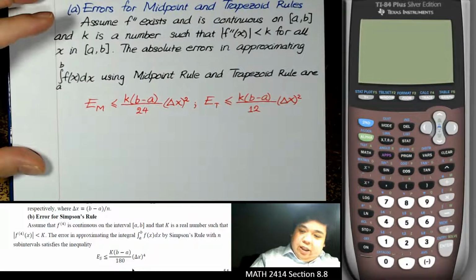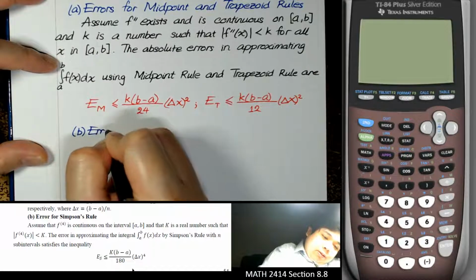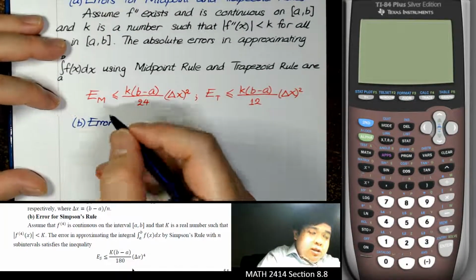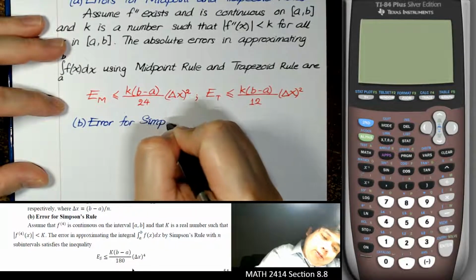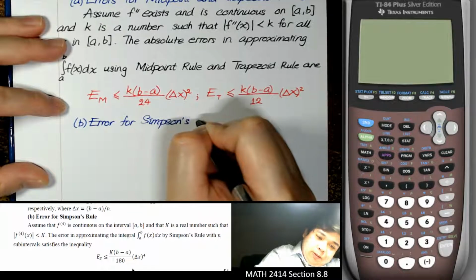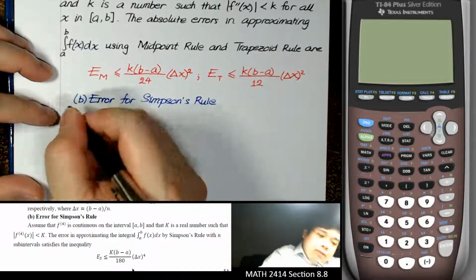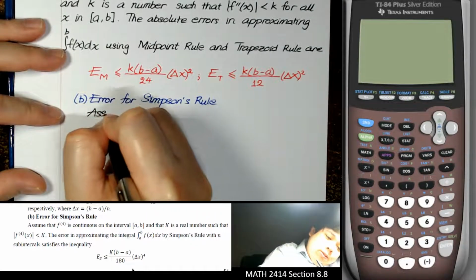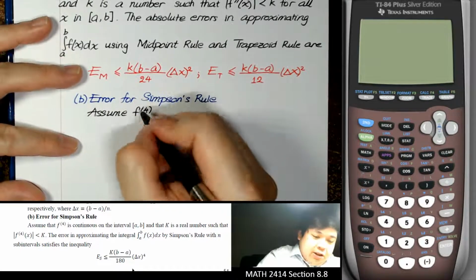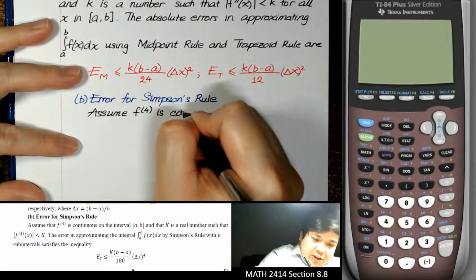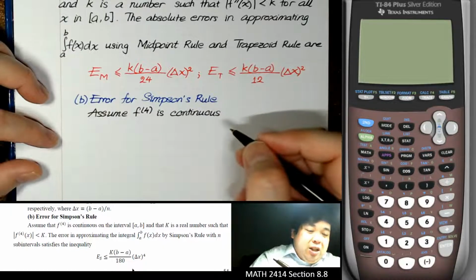Right. B. Error using Simpson's rule. Assume the fourth derivative exists and is continuous. Usually continuous is good enough already.